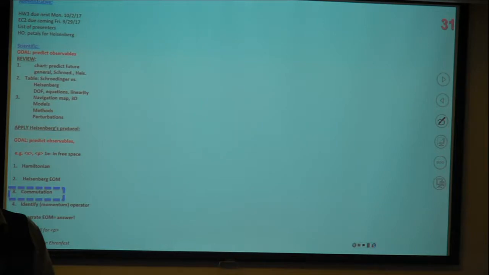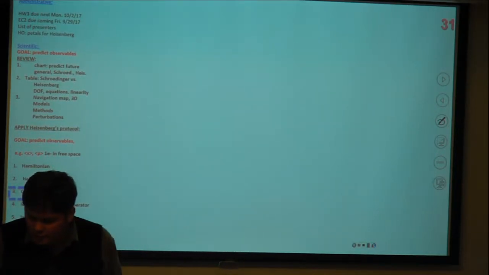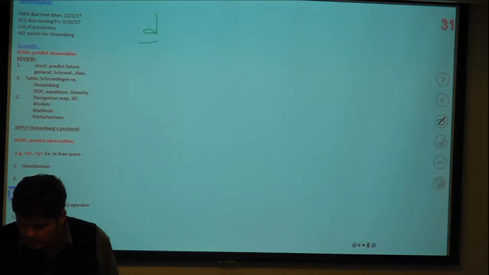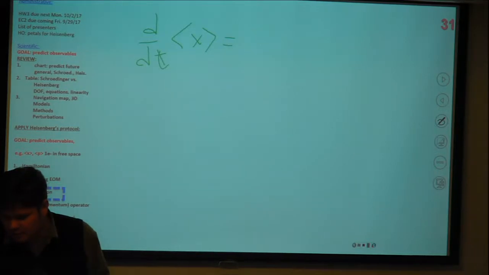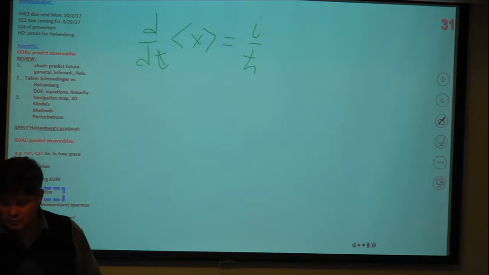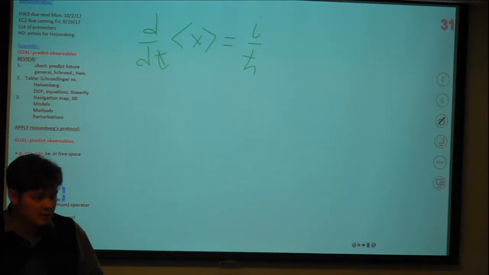So if we are looking back into dt, the time derivative of position, it will be i over h bar, without minus, that comes from Heisenberg.